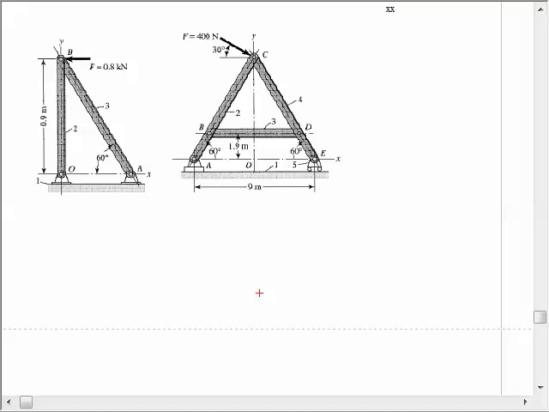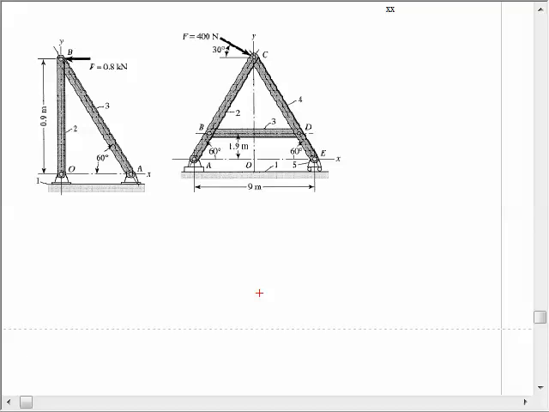I could place a force right here that is horizontal in the opposite direction, magnitude unknown, and make that a replacement for this link. And then the unknowns that I would have would be 1, 2, 3, 4, a 5th one for this unknown force, and a 6th one for the vertical force here, and summing moments and summing forces on these 2 bodies only would give me 6 equations for 6 unknowns.